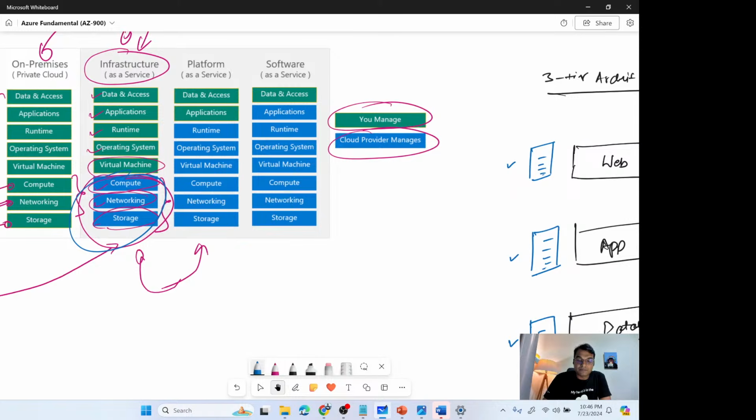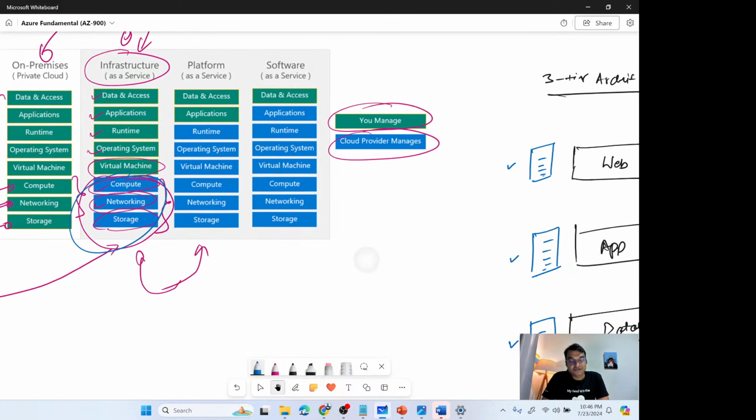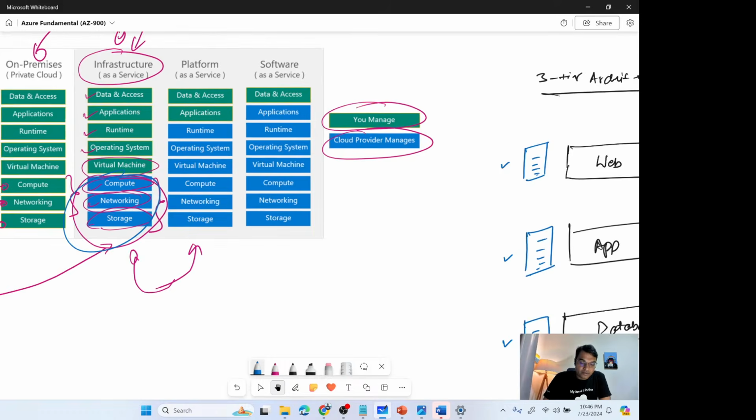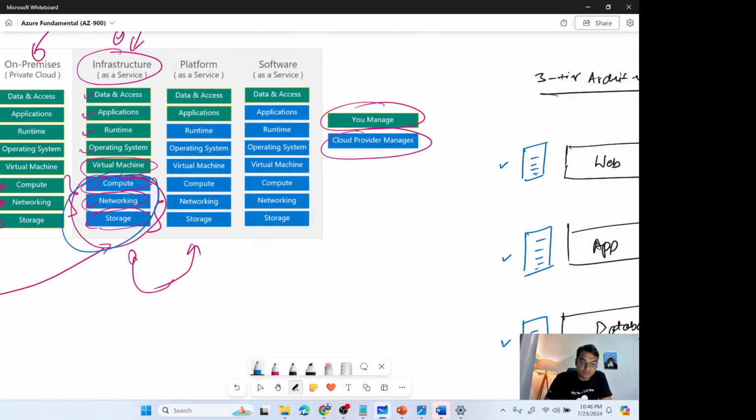Now, platform as a service. What this does is, what if I wanted to reduce my responsibilities to manage the virtual machine, operating system, and runtime? I don't want to manage that. I want Azure to manage that for me because I'm just starting with three virtual machines right now. I might have one Azure administrator, and that person can take care of all the three machines.